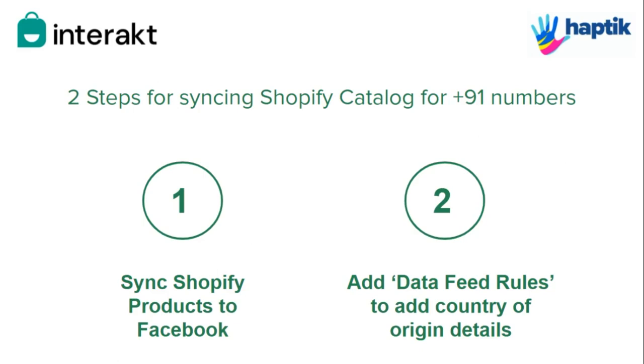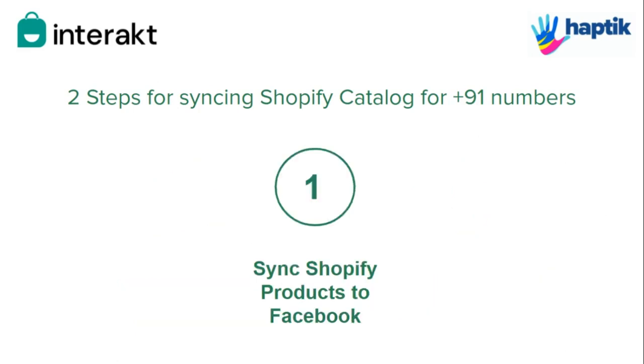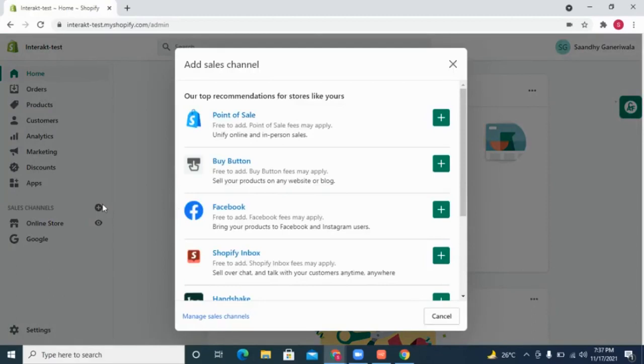Note that the second step is only required for businesses using a +91 number as their WhatsApp API number. Simply go to your Shopify admin panel and add a sales channel from here. Select Facebook as the sales channel you want to add.